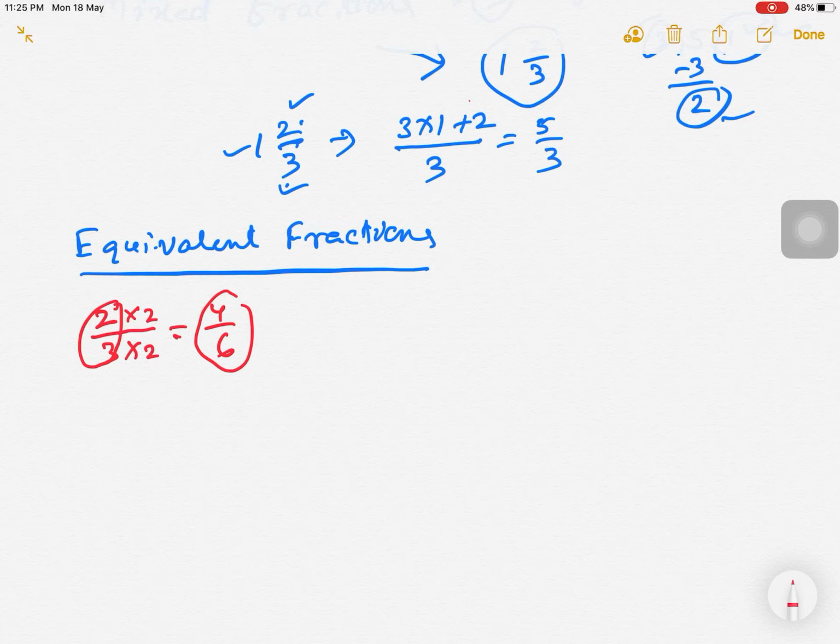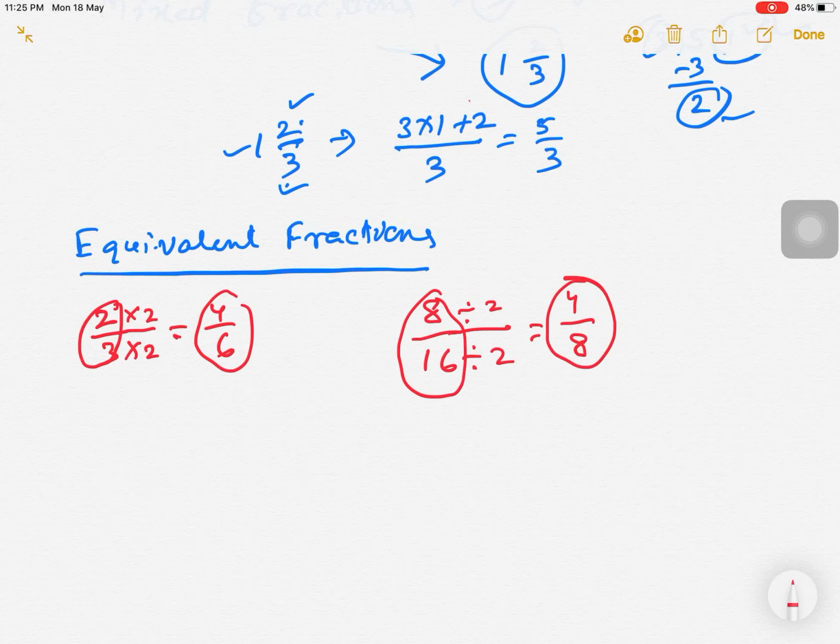Similarly, if I write, suppose, 8 by 16, and if I divide the numerator by 2 and the denominator by 2, I get 4 by 8. So 8 by 16 and 4 by 8 are also equivalent fractions because they have the same value.